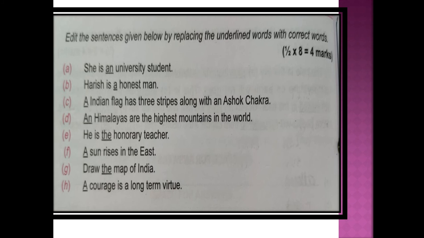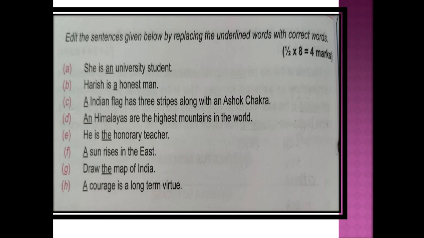No, it is not, because the spelling of honest is HO, but H is silent here and we pronounce it as honest, and it has O sound. So Harish is an honest man, right? So we are going to replace the word A with N. Harish is an honest man.